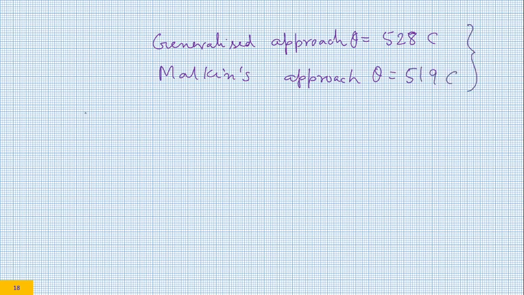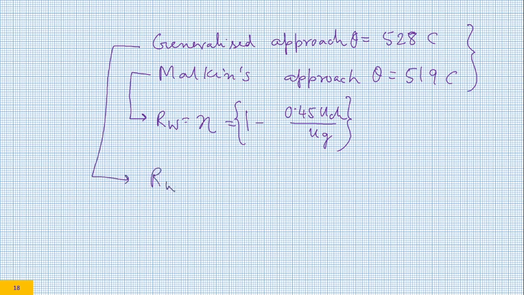What else is interesting? In case of Malkin's approach, RW is noted by eta, which is 1 minus 0.45 UCH. I have just written it in a bit different manner, but it is the same thing I have written earlier. And generalized approach, RW, if I have not made something wrong, is this.